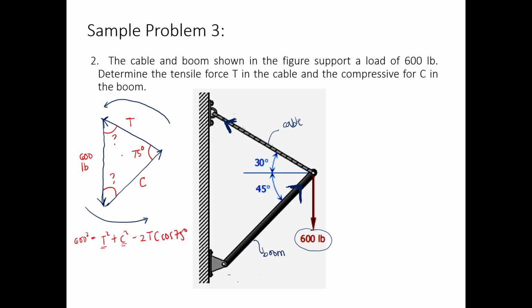In sine law, only one side should be unknown, right? So sine 75 over 600, and let's say you want to solve for t, you don't know what angle is opposite side t, or side c.